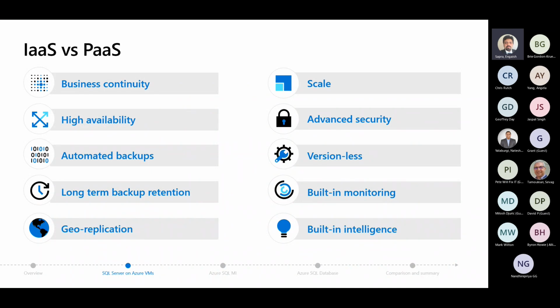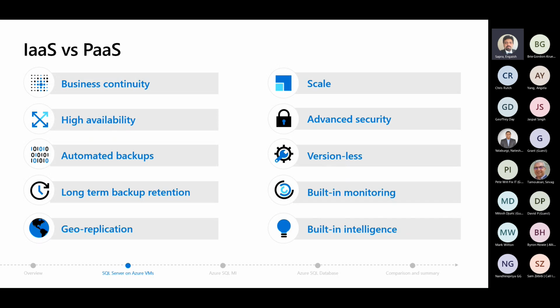And these are three of the major areas. If you're familiar with the time being spent by the DBA teams while doing performance tuning, a lot of it is reindexing, and manual jobs that need to be created to rebuild the indexes. All that stuff is taken care of as a service.